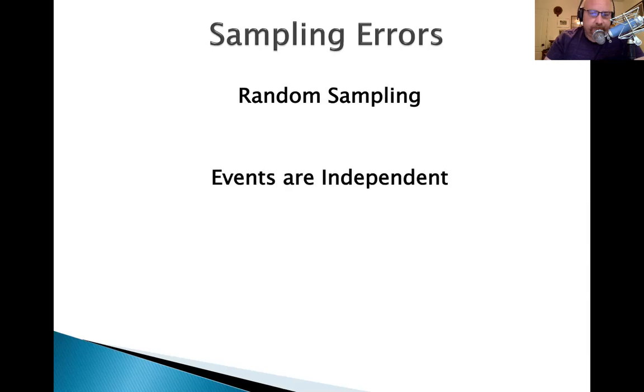Right? The other thing to think about is that events are independent. So that means, in this case, let's say an event would be collecting data from one person or from one group of people if you're collecting it from them all at the same time. You don't want their data to be skewed by anything, right? Here's a simple example of that.